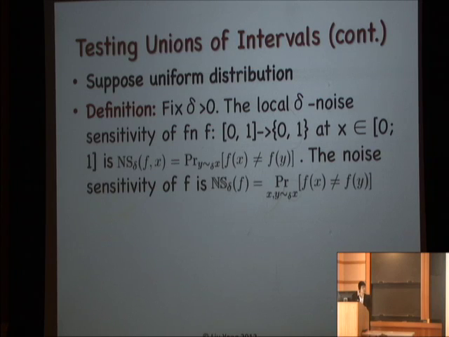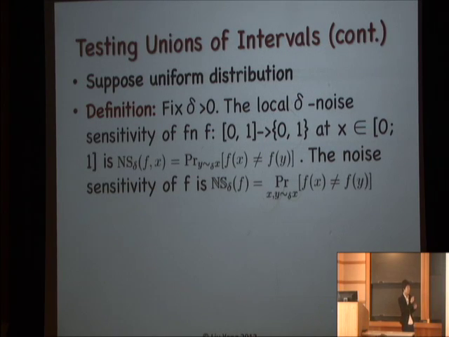This is a continuous domain, so how do you define the noise in this case? Usually, the usual definition of noise sensitivity is for a Boolean function, where you draw a random pair x, y together. Here it is different.